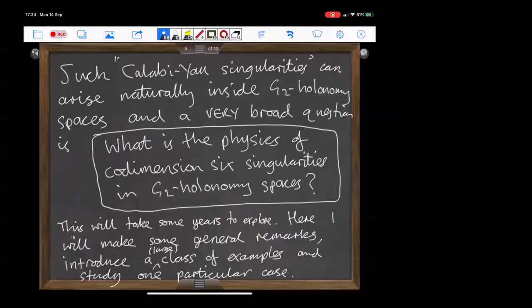So what I'm going to do in this talk is make some very general remarks about such theories. Then I'm going to introduce a rather large class of examples, and then I'm going to study one particular case.